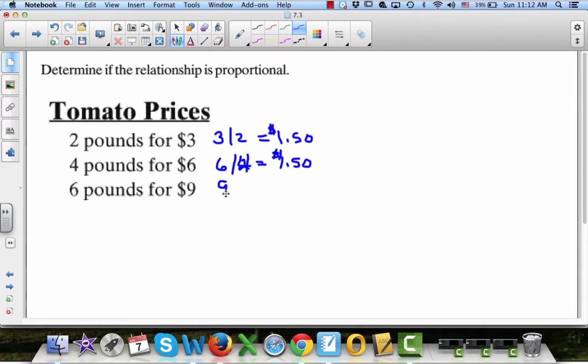And then we've got $9 divided by 6, and that gives us $1.50 per pound. So this one is proportional, okay, because it's 1.50, 1.50, and 1.50. The ratio is the same each time.